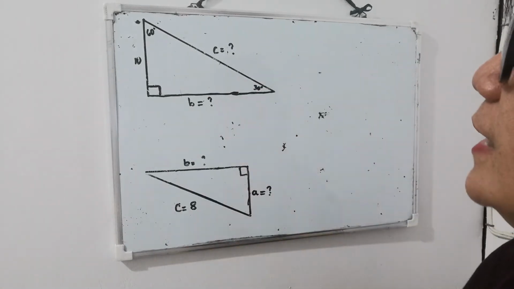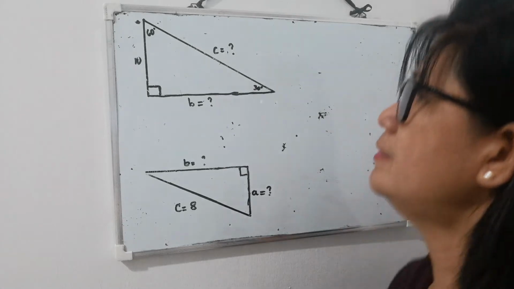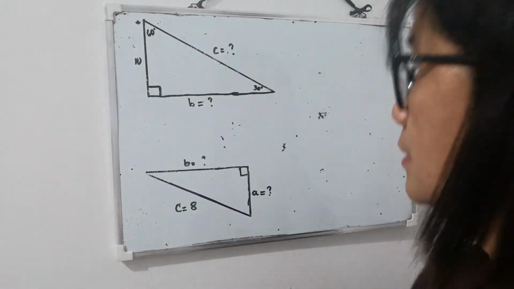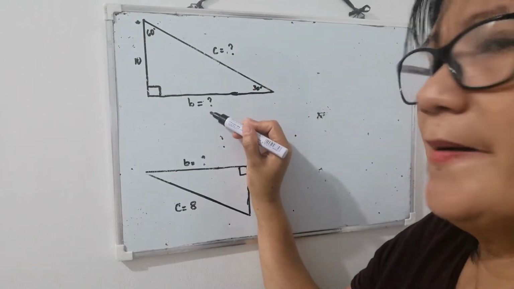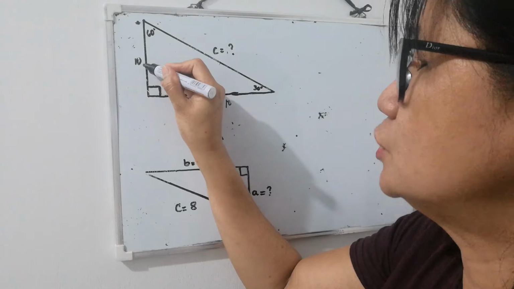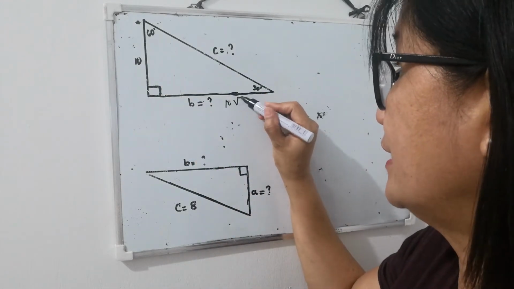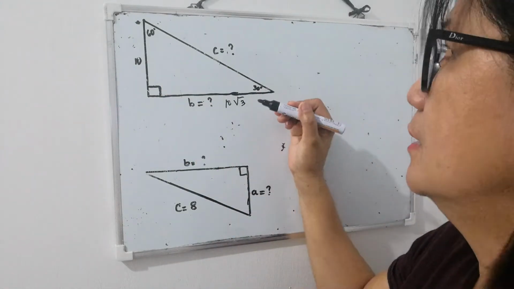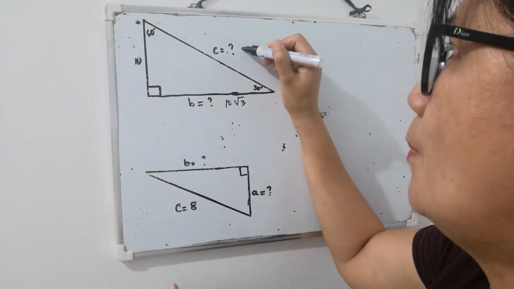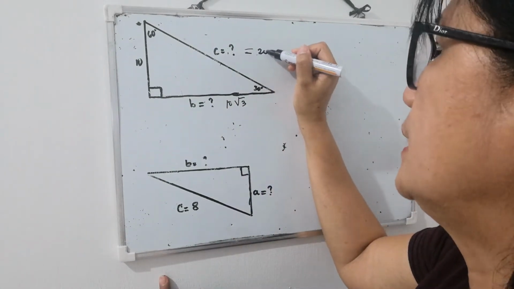Ayan. So, let's take the first example here. Given the shorter leg, it is 10 units. What is our longer leg? It will be 10. Kung ano yung measure ng shorter leg, dagdagan lang natin ng square root of 3. Okay? How about the hypotenuse? Kung ano yung measure niyan, you have to double. So, this will be 20.